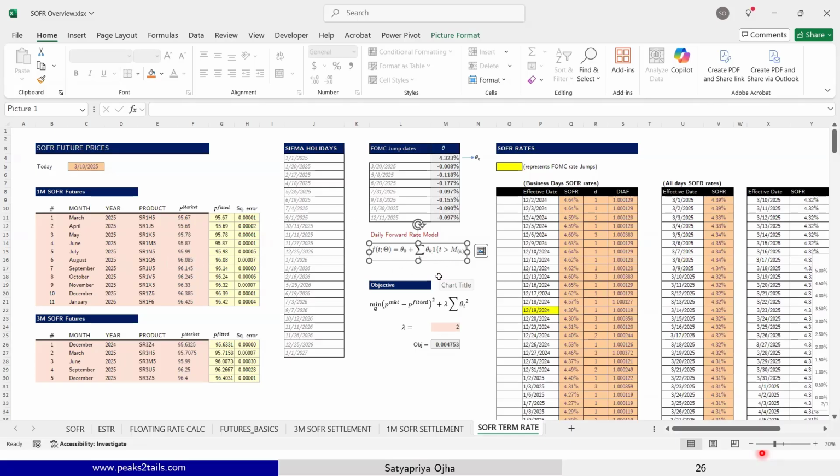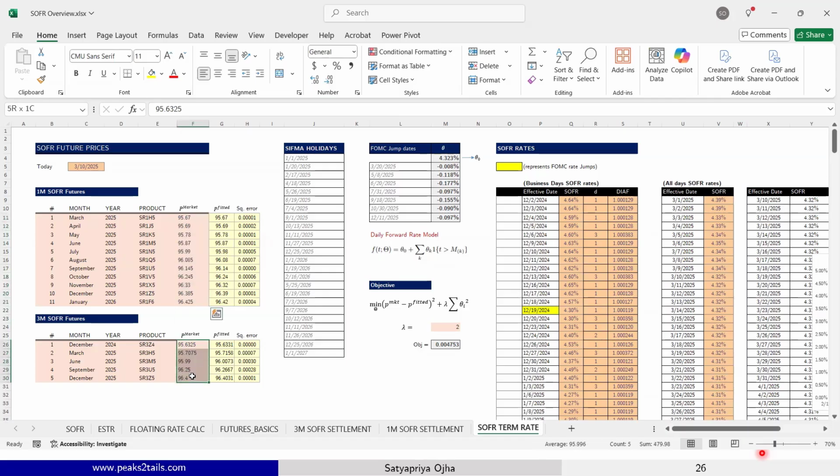Take those daily rates, compound them or do an arithmetic average, depending on which contract you're using, and come up with the final price, 100 minus R. That price should match the current market price that I'm seeing on CME's website. These are the observed market prices for these liquid 1-month and 3-month SOFR futures. From my model, what are the rates I'm getting and what is the price I'm getting? That is here.